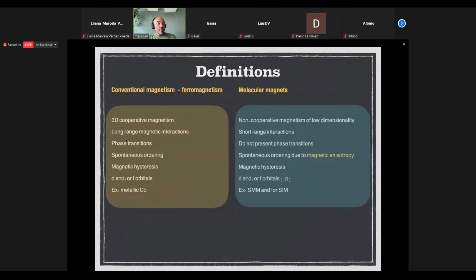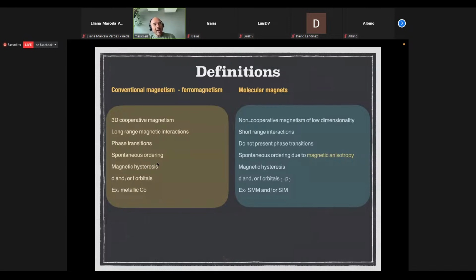Because of the long-range magnetic interaction, these also have phase transitions, because phase transitions are a consequence of the long-range interactions, and consequently, spontaneous ordering. And for most of these cases, magnetic hysteresis. Okay, it's standard magnetism, standard ferromagnetism.